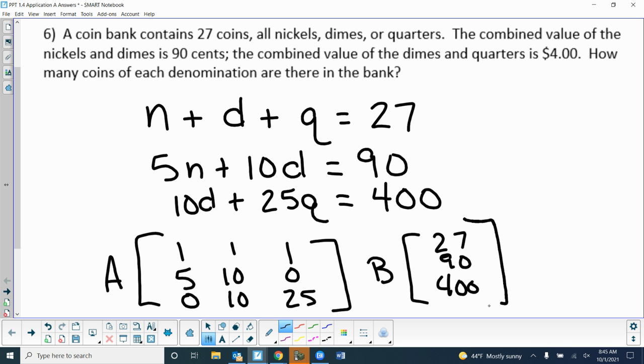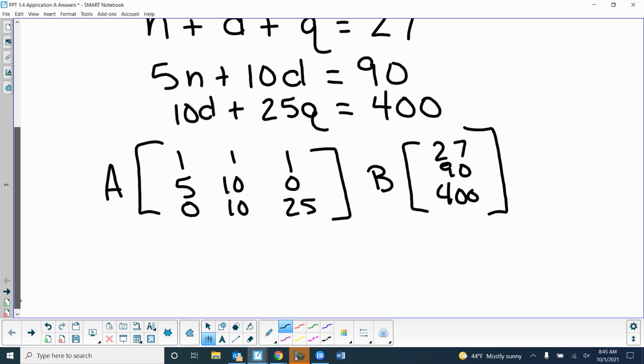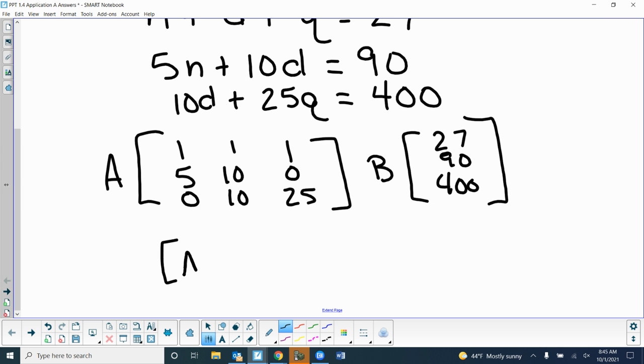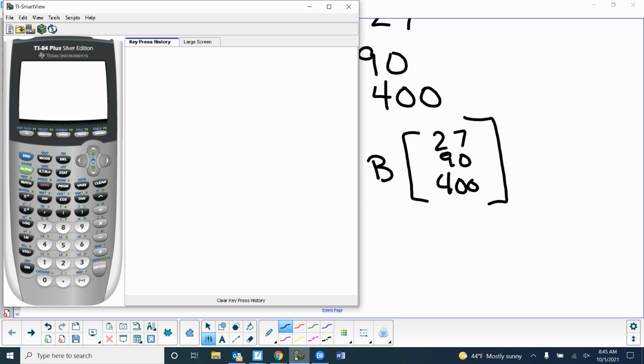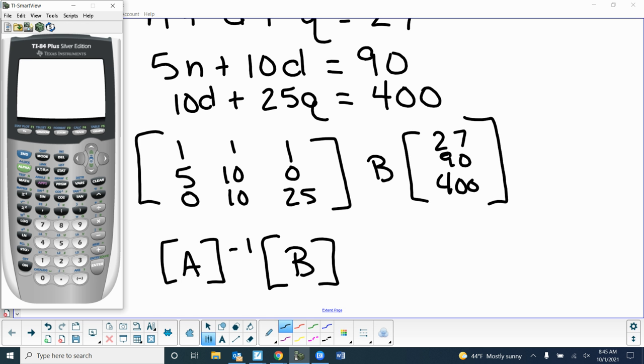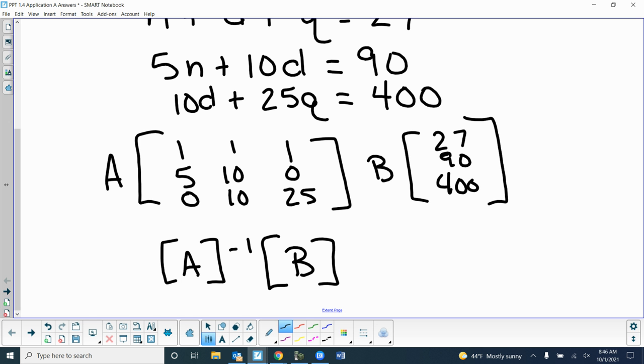And then we got to remember when we put it in our calculator to solve it, don't forget the what? The inverse, yeah. A inverse B. All right? So going to my calculator.